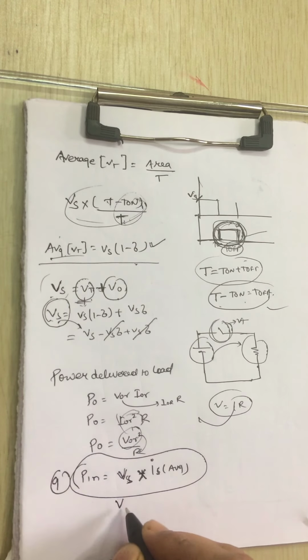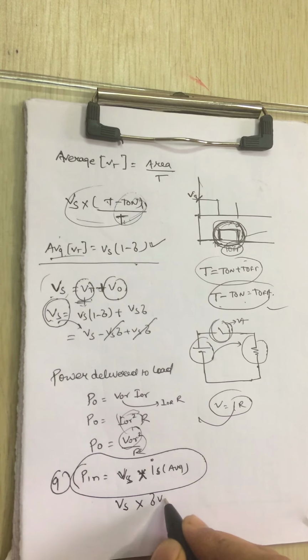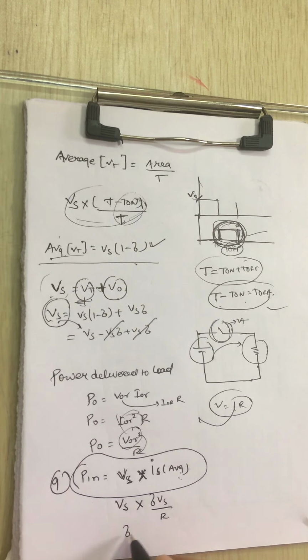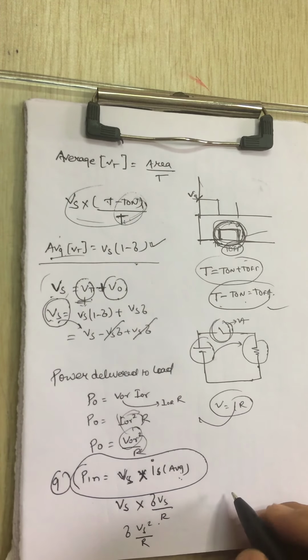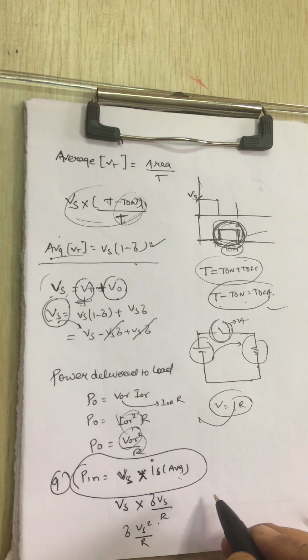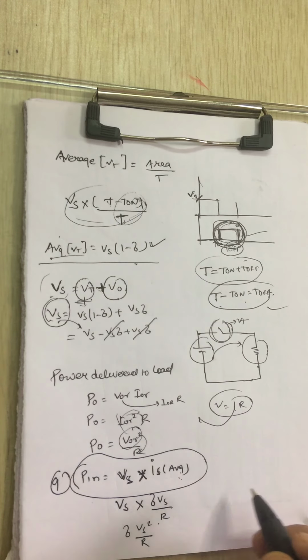So input power is Vs into delta Vs by R, that is delta Vs square by R. So you can say that input power is equal to output power.